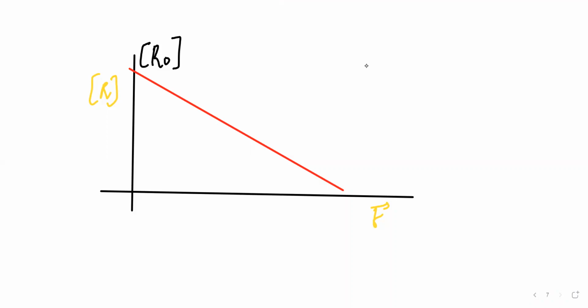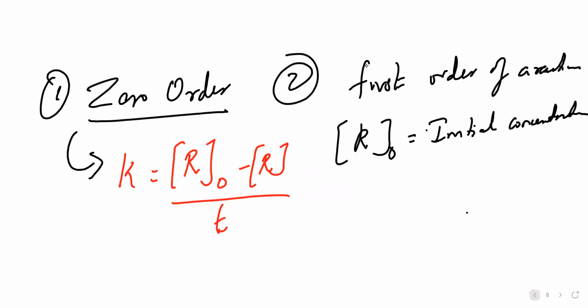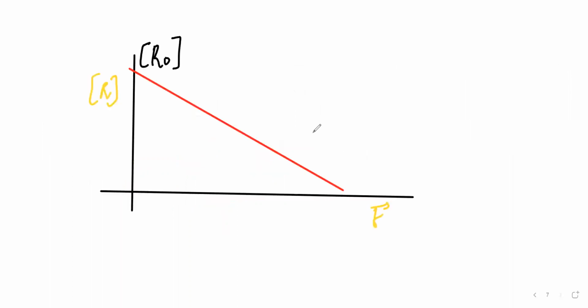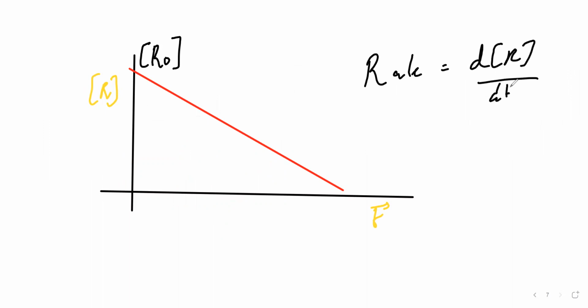Correct. So what is my R basically here? This R is not the final concentration, but it is the entire reactant concentration. That is my R here. You got the point? So whenever I'm getting dR by dt, obviously this is my negative sign.